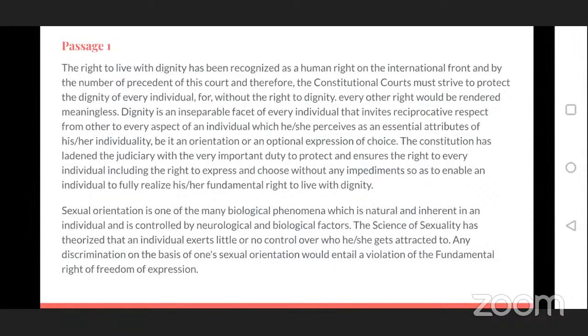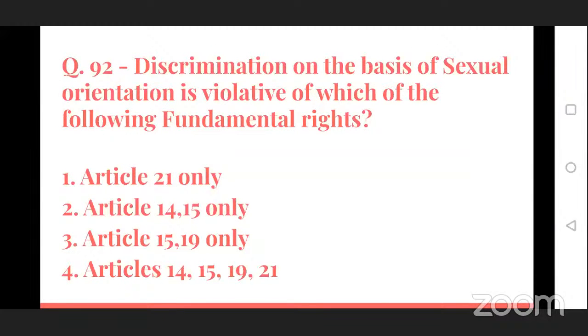Any discrimination on the basis of one's sexual orientation would entail a violation of the fundamental right of freedom of expression. By looking at this passage, I guess you have already realized which case this passage relates to. So let us look into the questions which were there.